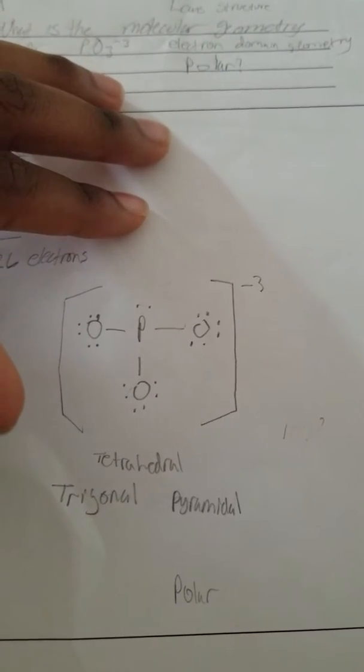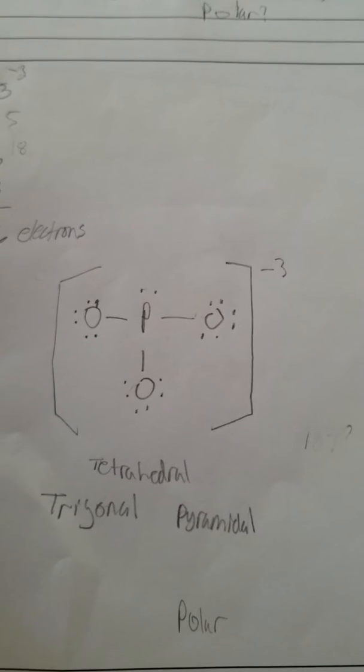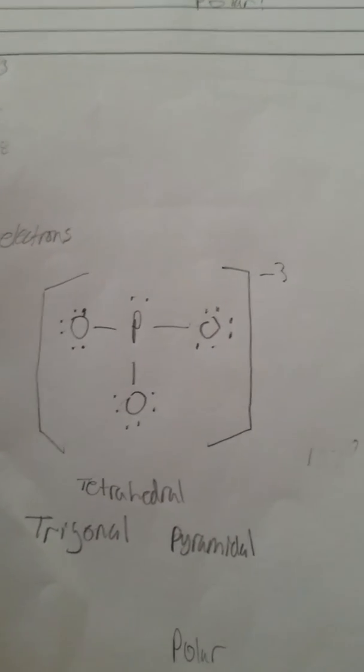So the electron domain geometry is tetrahedral. It's tetrahedral because there's a central atom, and it has these substituents at each angle, which basically gives it a triangular pyramid shape.